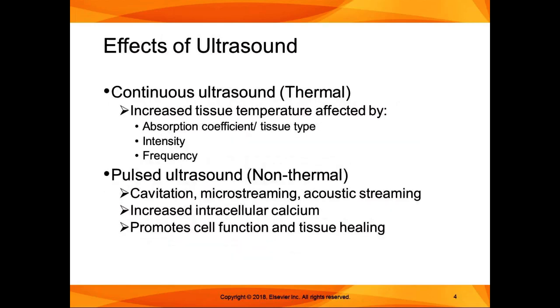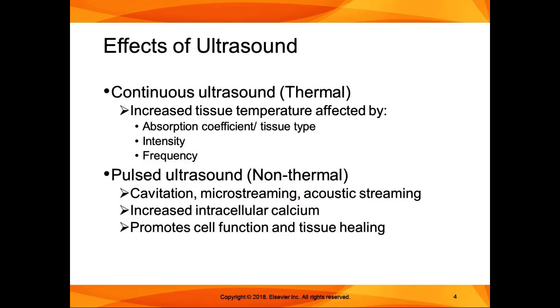So the effects of ultrasound, we have, for continuous ultrasound, you get thermal effects. That was one of the things that was first explored for therapeutic ultrasound, is the thermal effects. And of course, we just finished studying thermal agents, and so we know the reasons why we would want to affect tissue with the thermal effects.